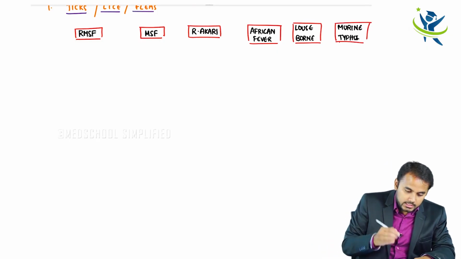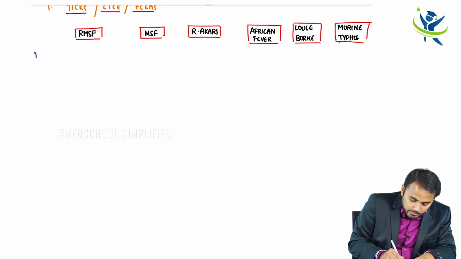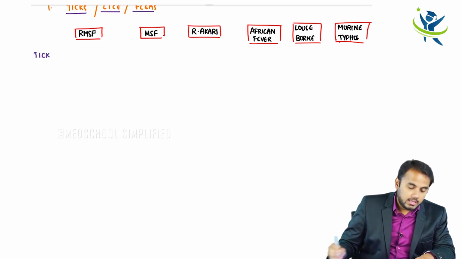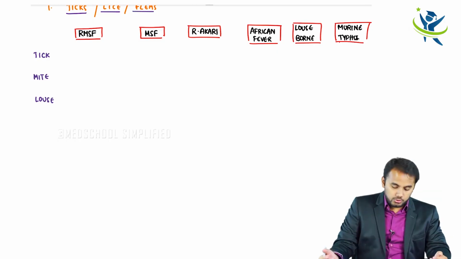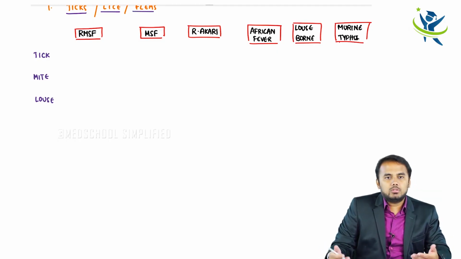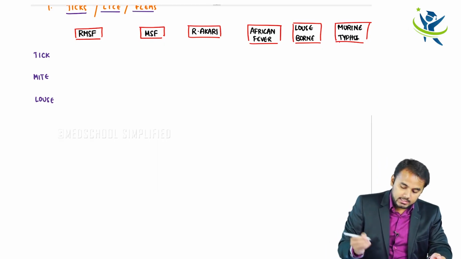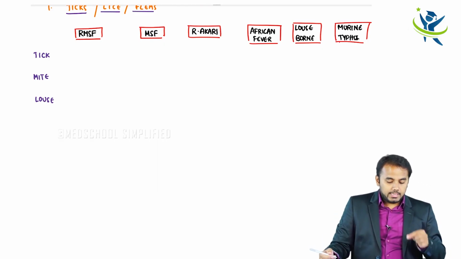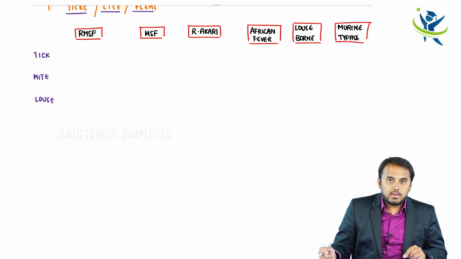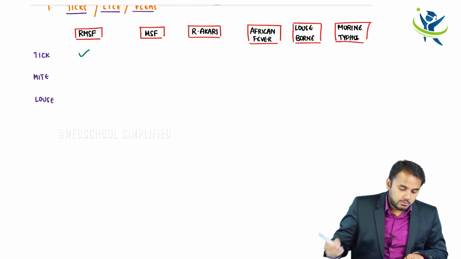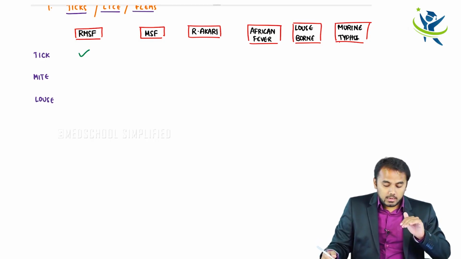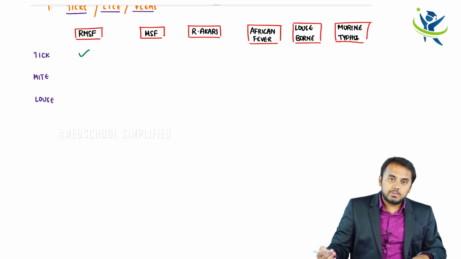First of all, let us write three important bugs: tick, mite and louse. These are the three basic things through which they are transmitted. Now let us see the important things. Is Rocky Mountain Spotted Fever transmitted through tick? Yes. Is Mediterranean Spotted Fever transmitted through tick?